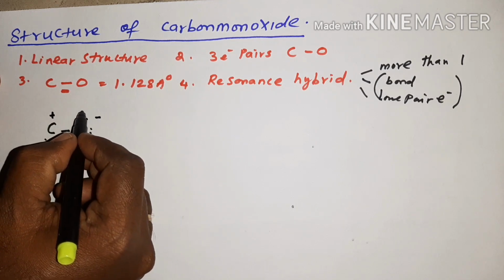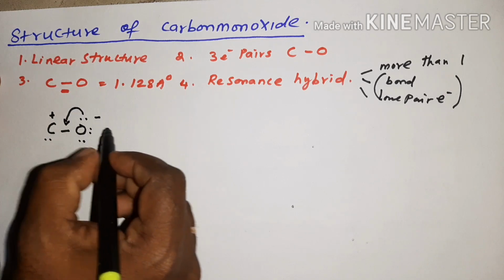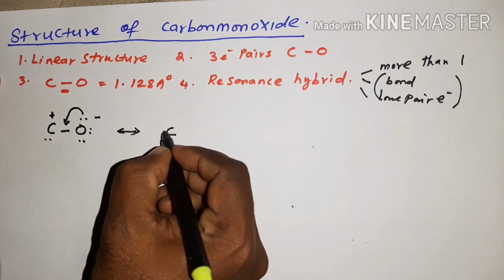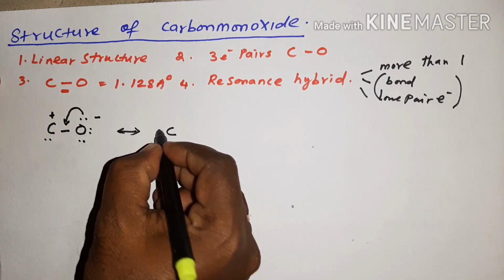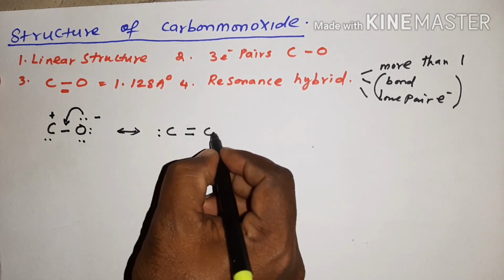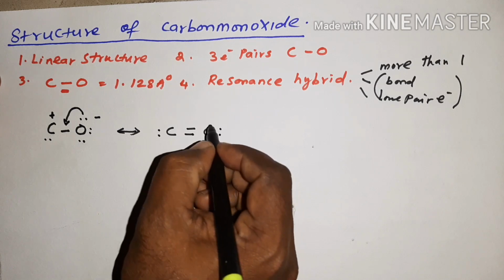One of the lone pairs can shift towards the bond, then you will get carbon double bond oxygen, and the remaining electron pairs.